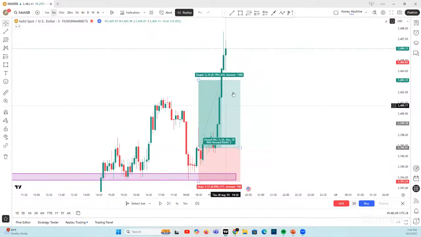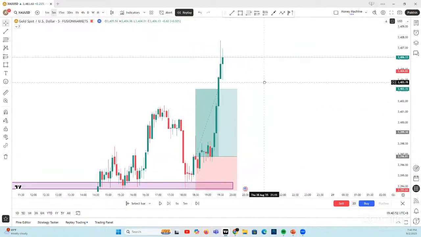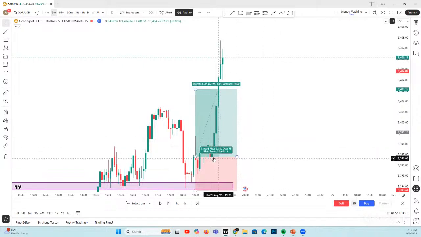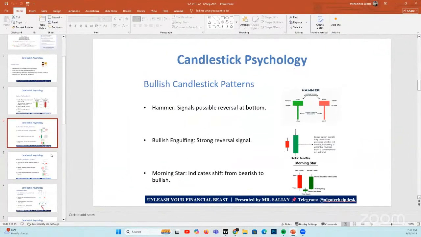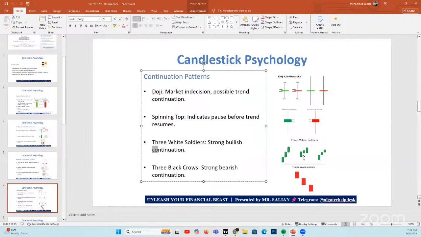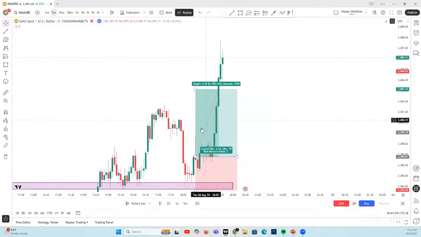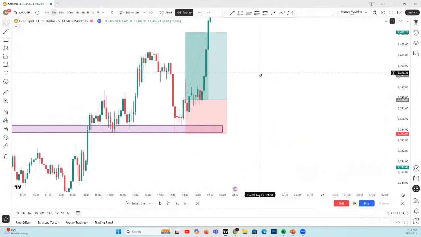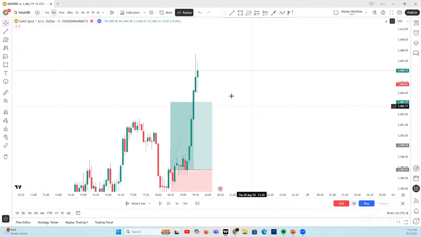Risking your $100, you will have $200 here as your profit. Now, what else do you notice? Isn't this a three white soldiers? Three white soldiers, strong bullish continuation. Isn't this a bullish trend? It's a bullish trend. So this is a continuation.